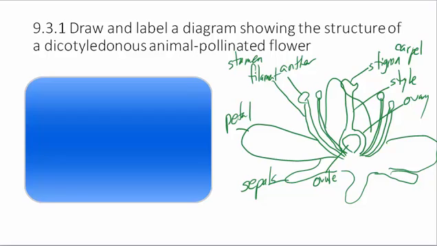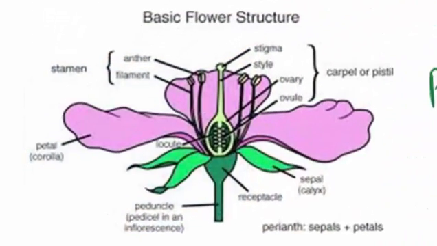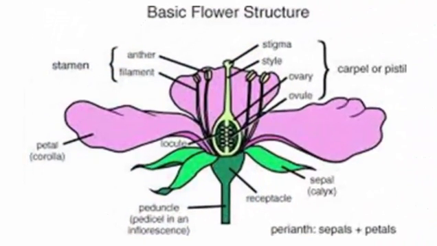And then at the base is the receptacle. So you have to be able to draw something like this on request. And this image here on the left shows you a diagram of what we just drew.